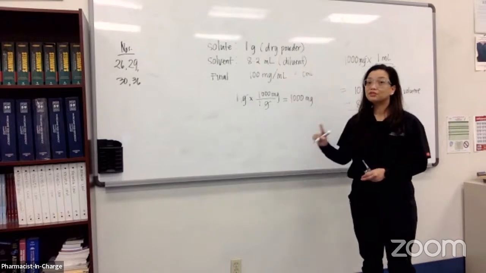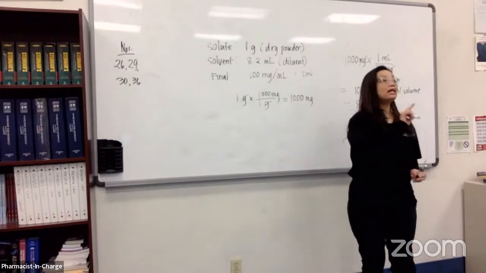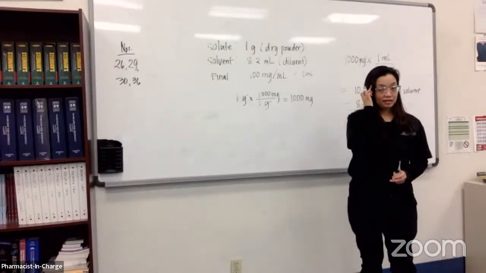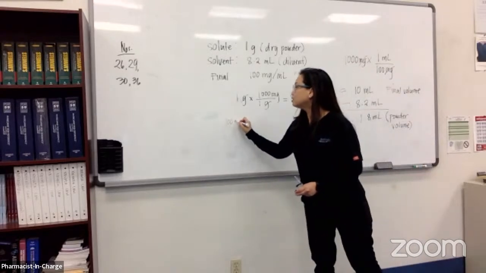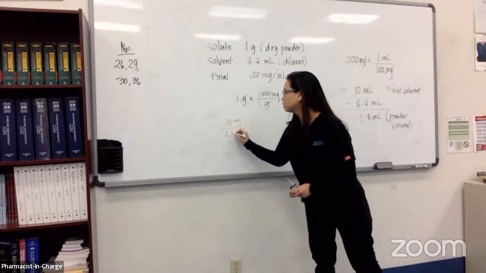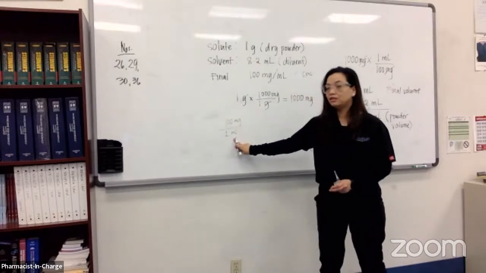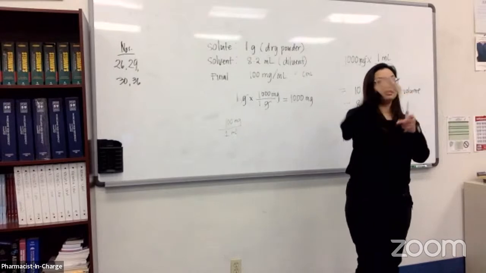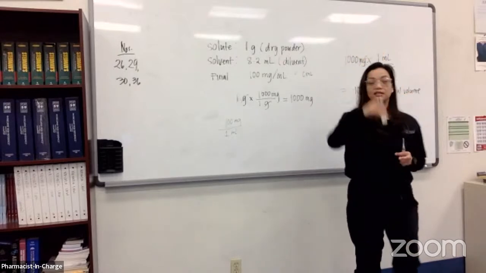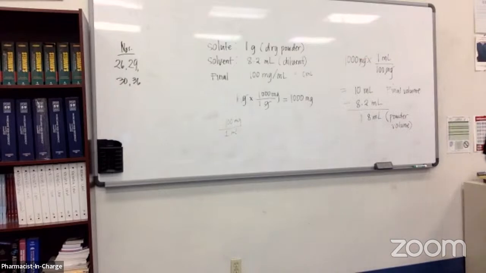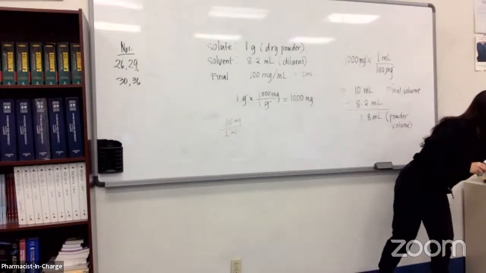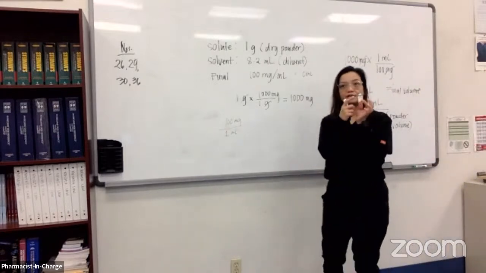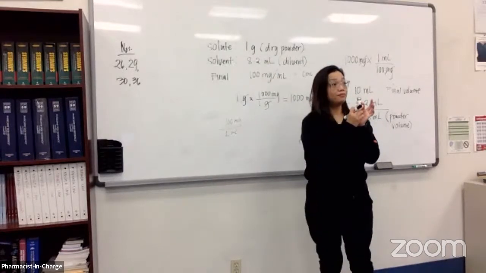Follow? There's another way to do it, which may click better. In your head, ratio and proportion. For every milliliter, there's 100 milligrams of active drug. You follow? But the yellow powder is 1 gram.